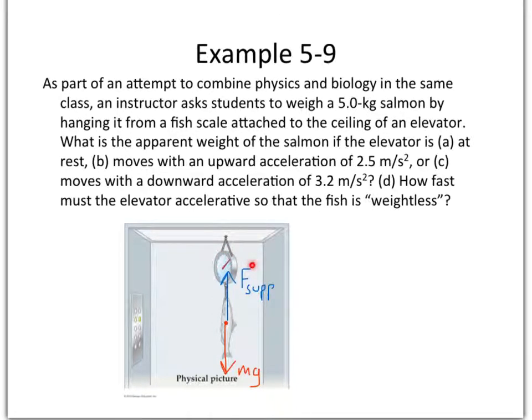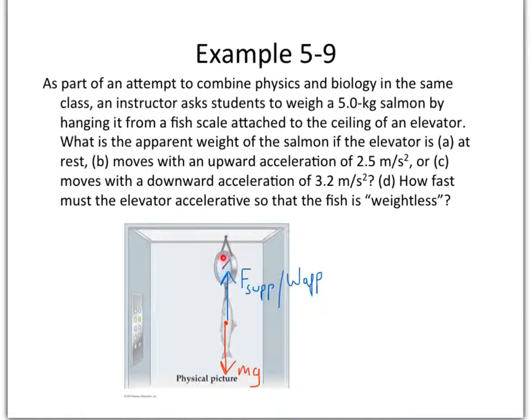That is, it's going to measure a difference in the apparent weight. You could call that W apparent as well. So the supporting force is your apparent weight, and this fish is being supported from above, and we have a way to read the weight on the fish.